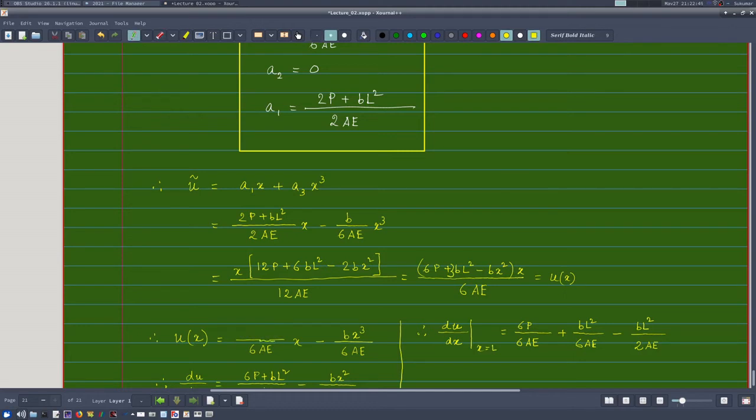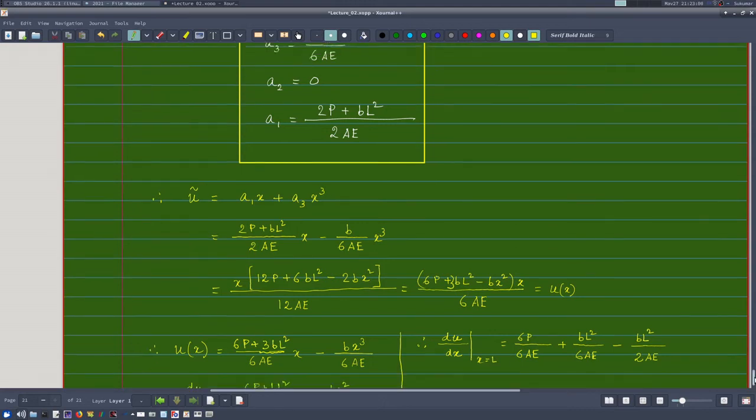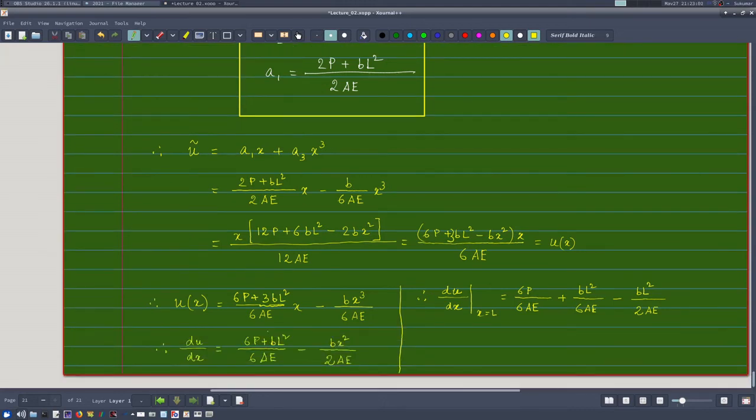So 6p plus 3bl square, and therefore I should have a term 3 here. This should be 3bl square.